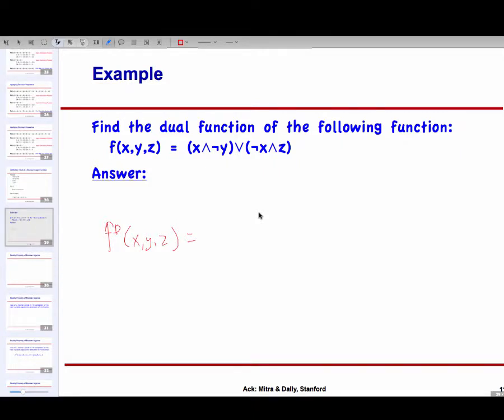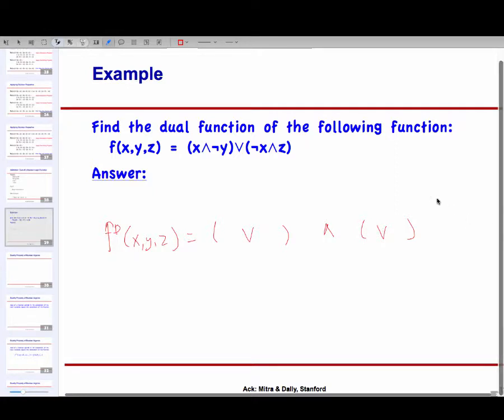Don't you just flip the things forward? Yeah. So we flip and to or. So this and will become or. This will become and. This will become or. What else? Do I need to do anything else? No. So we don't do anything to not.